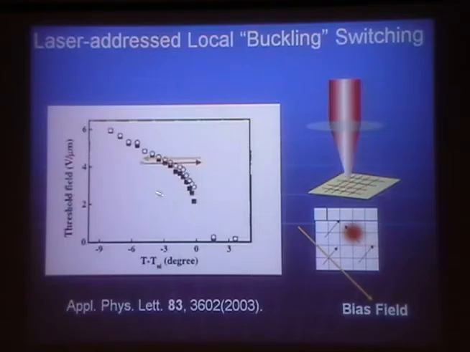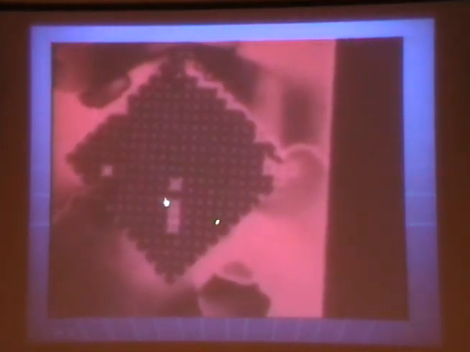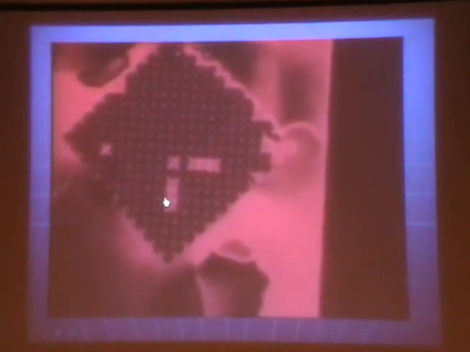So what we did is locally heating a single spot so that the transition takes place only at the heated spot, and then we can induce a local transition. A bias electric field is applied, and a single point is heated by a laser spot.